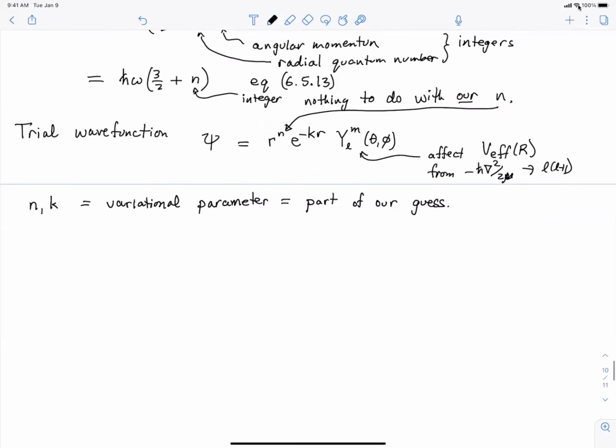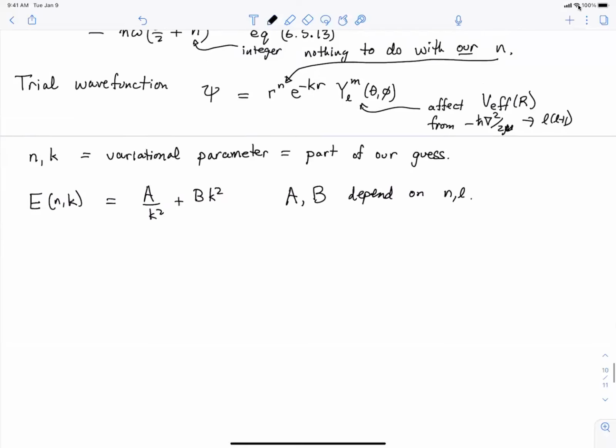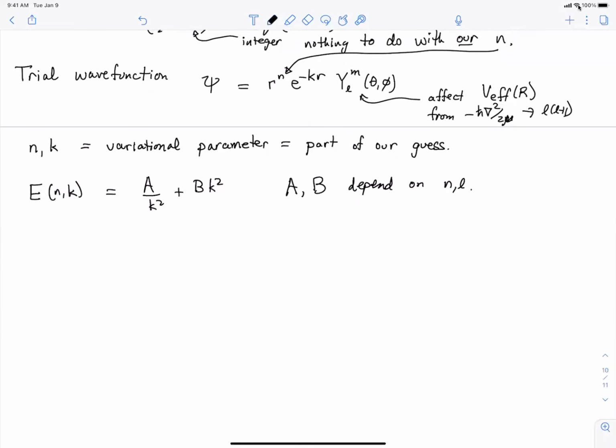Okay, so when you did this, you should have found, and I think most of you did find, that it went like 1 part over k squared plus another part times k squared. And so one good problem solving strategy is that when you have something like that and you're minimizing with respect to one of the variables, you can temporarily just give these things names A and B. These are things that depend in some complicated way on N and L, but when you're doing the calculation, you don't want to keep rewriting that complicated dependence.